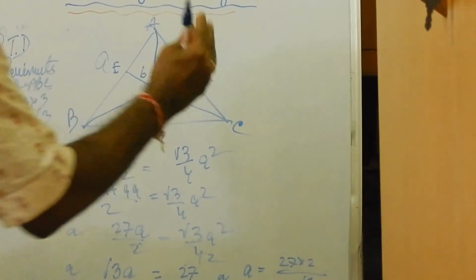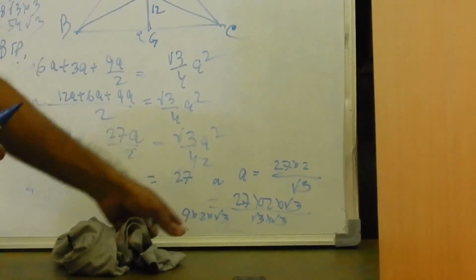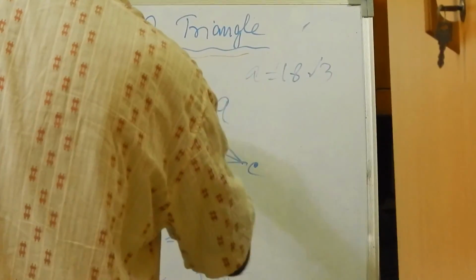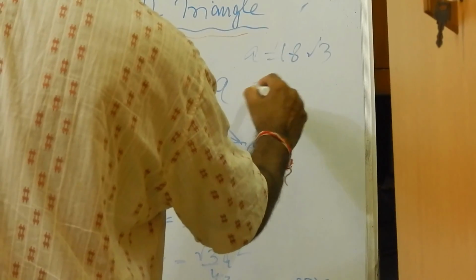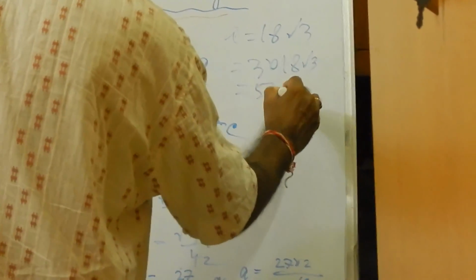We added them to equate with this, and from there we got the value of A as 18√3, where A equals 18√3 sides. So perimeter equals 3 into 18√3. So 54√3.